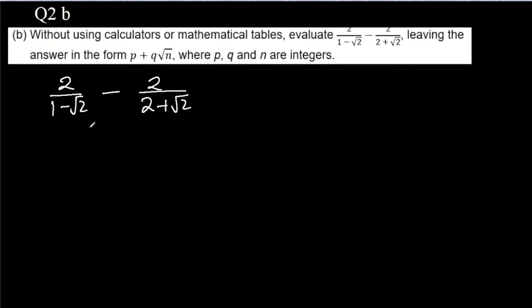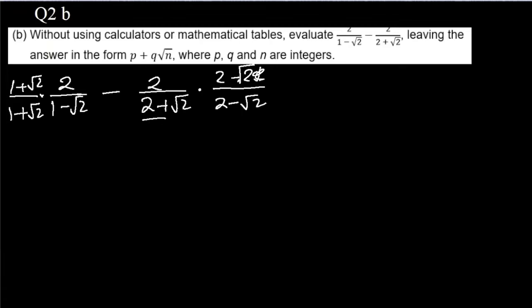Whenever we have a surd in the denominator, we rationalize the denominator by multiplying by the conjugate. So the conjugate of 2 plus square root 2 is 2 minus square root 2, so we'll multiply up and down by the same. And the same we'll do here. The conjugate of 1 minus square root 2 will be 1 plus square root 2.